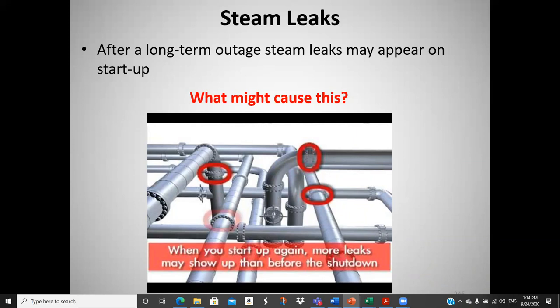All of this stuff expands and contracts when hot: all your gaskets, all your flanges. If you've been out for a week or two and you come back and heat it up, you're going to find leaks. They're going to happen. It's possible that you could have a fatigue crack in an elbow or a fitting, but it's more likely that a gasket, just from the expansion and contraction, has a crack someplace that you didn't have before.